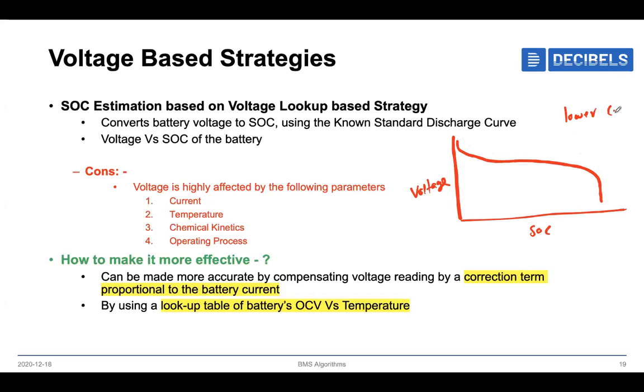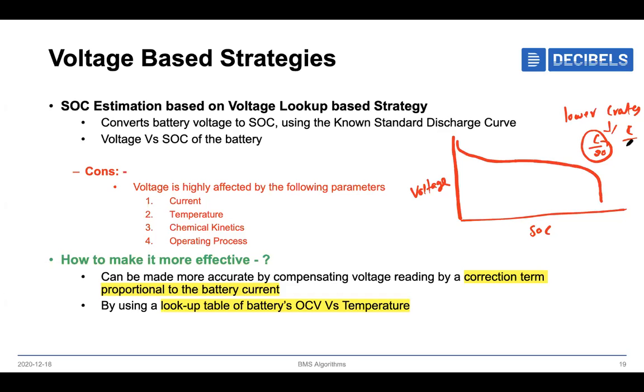There is a reason why we discharge at lower C rates. The exact rate is up to you. Basically, the data sheet mentions C by 20, but it is good to go to around C by 40 or C by 50.